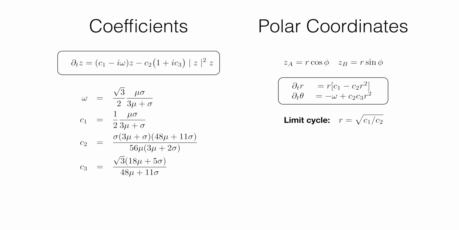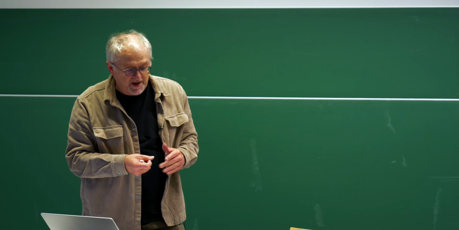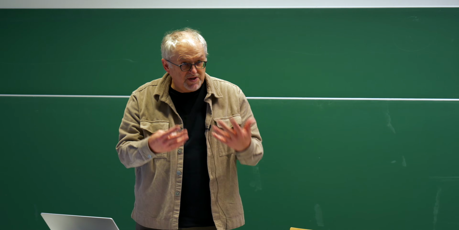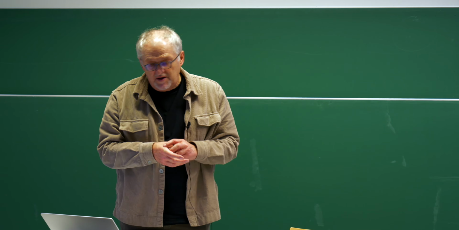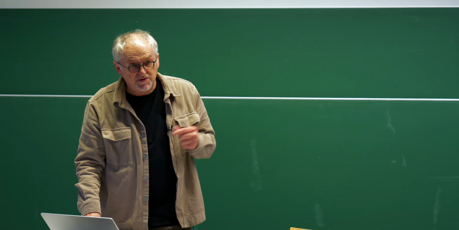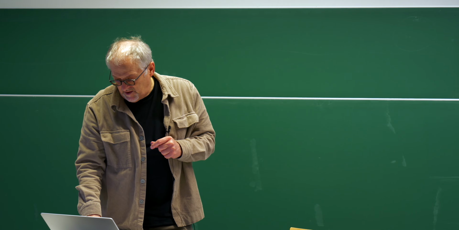It is a form which has a limit cycle at a ratio of C1 to C2, square root of it, and it has a frequency that's modified by the term depending on the radius in this slow manifold. All right, so that's how far we got, and in principle you can do similar kind of analysis for related systems if those systems have some kind of slow manifolds.